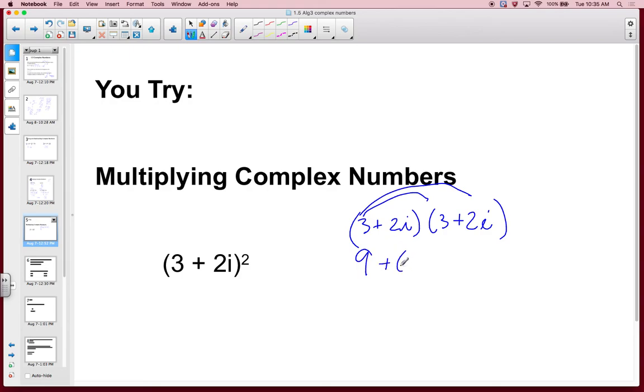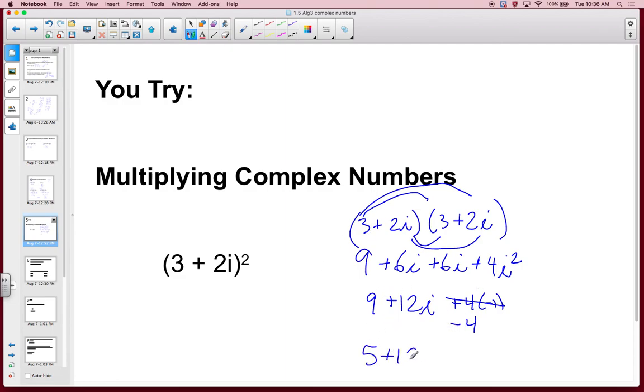Outer is a 6i, inner is a 6i, and last is a plus 4i squared. This is a 9 plus 12i plus 4 times a negative 1 is really a negative 4. Okay, so this is a 9 minus a 4 is a 5 plus 12i. Hopefully we got that as our answer.